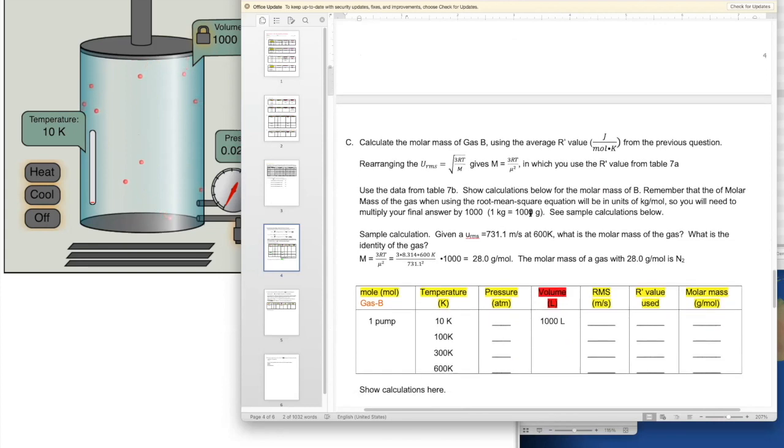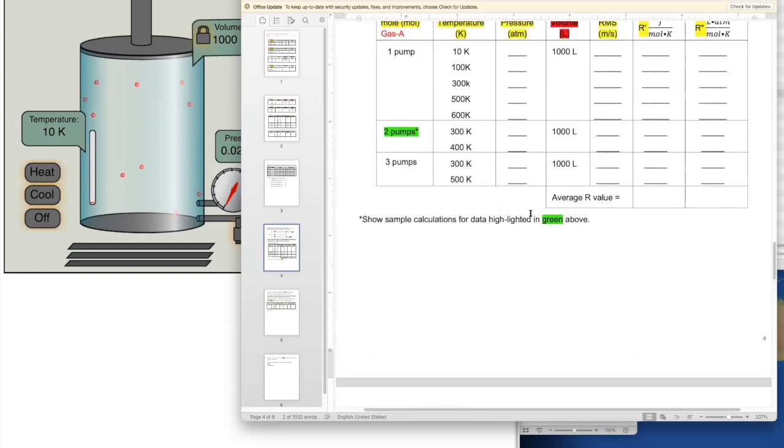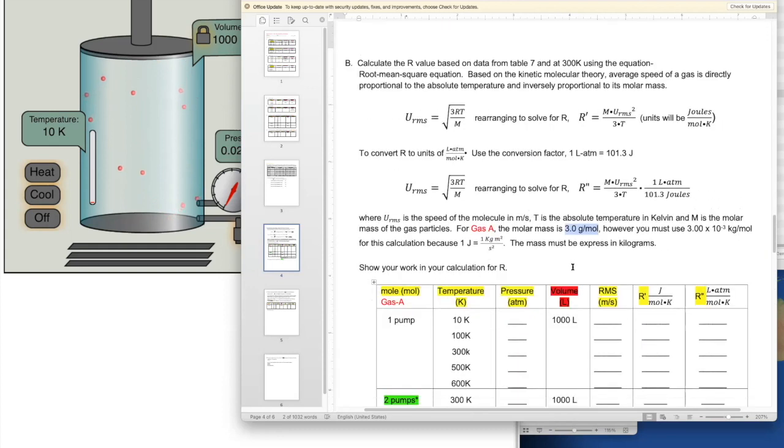So what we're doing in the second part is just calculating the universal gas law constant. There are actually two values for the universal gas law constant. You saw the first value in chapter 8: 0.08206. The other one, when we use it in joules, is 8.314.